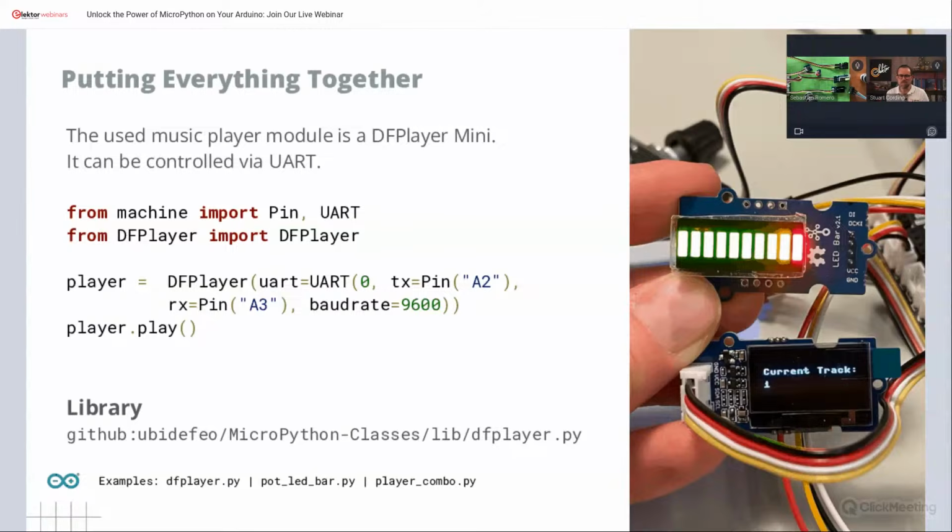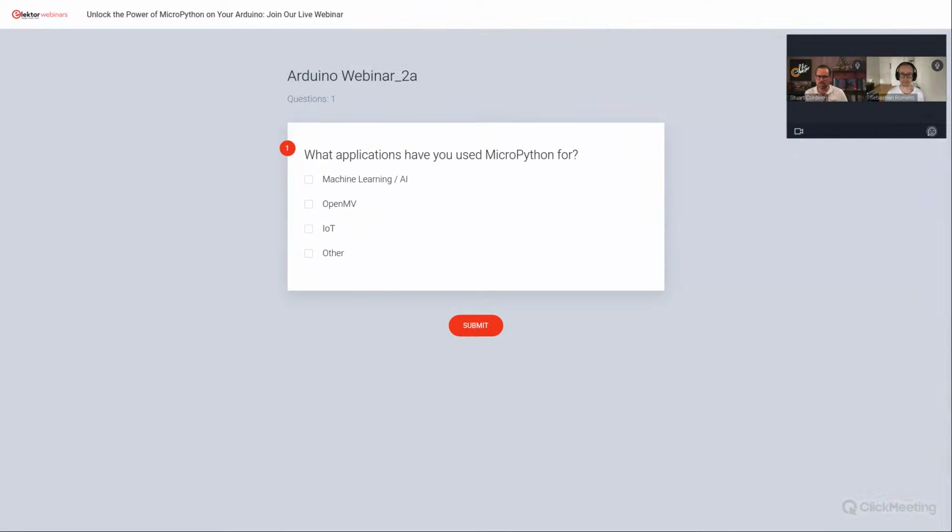So Sebastian, I'm back in the stream with you at the minute. I think it's a good moment just to take a break because we have another survey that we wanted to share with our audience. We're going to pull up that survey now. And obviously we asked you to tell us whether you've had the opportunity to use MicroPython at all to date.